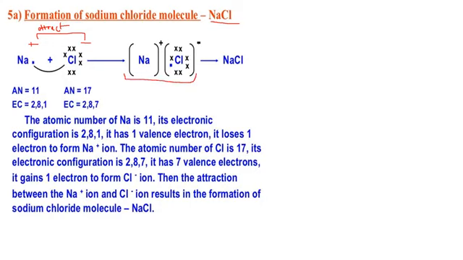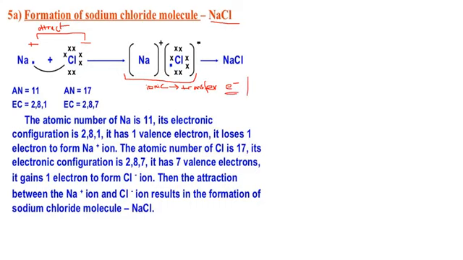Why do we call it an ionic compound? Because of the transfer of ions, or the transfer of electrons. Because of the transfer of electrons, we call these compounds ionic compounds.